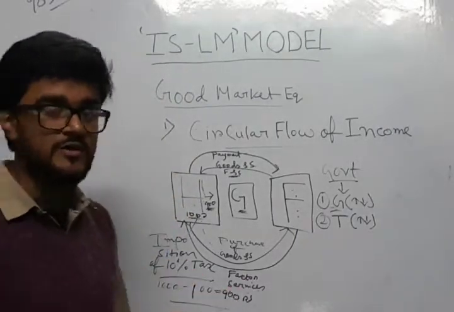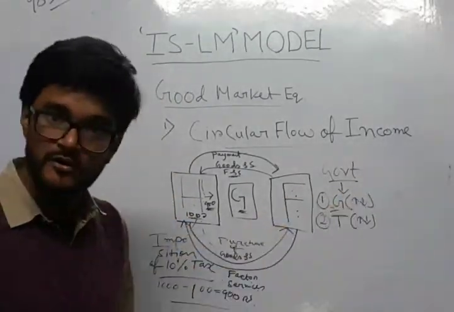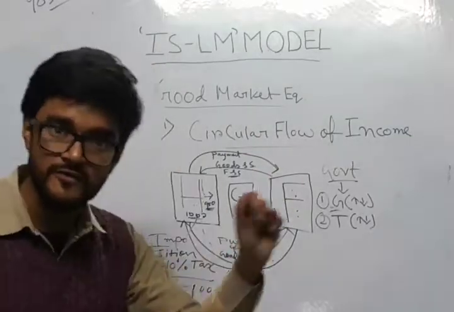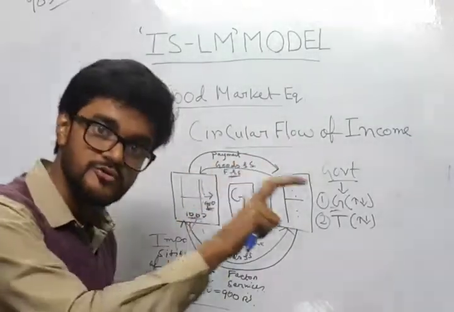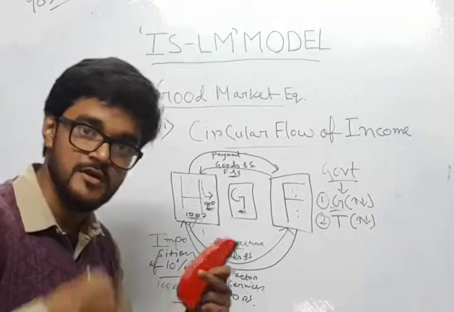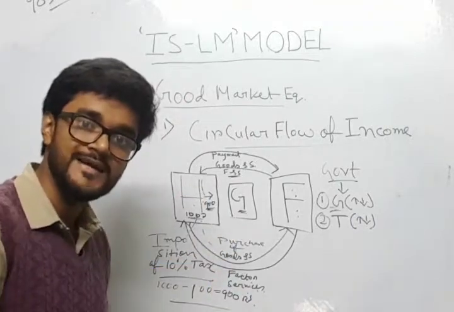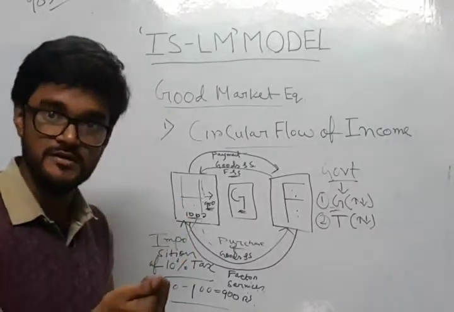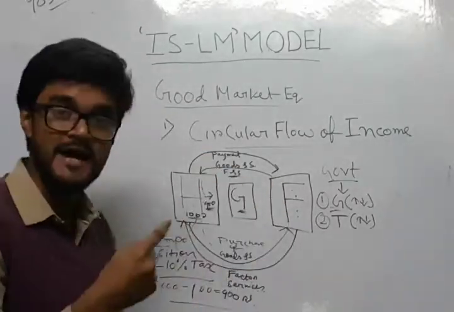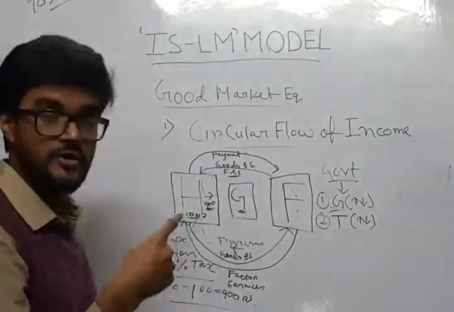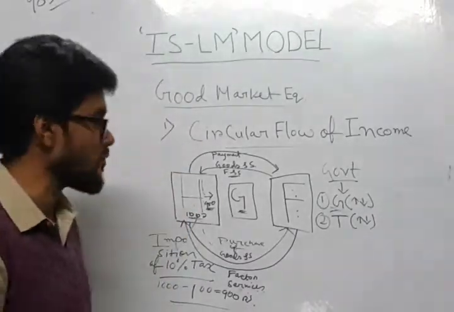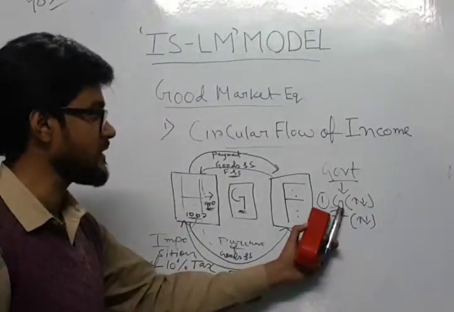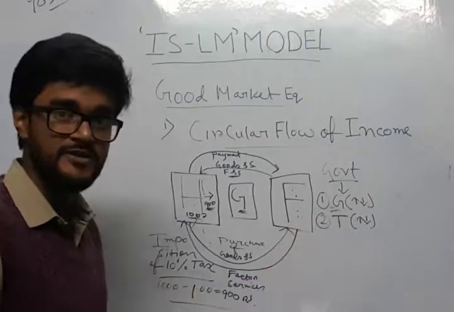Government expenditure is what? Government collects tax from the economy, from the households, from the firms. Now, due to this imposition of tax, the circular flow of income gets reduced. That reduction has to be compensated with an equal increase in government expenditure.